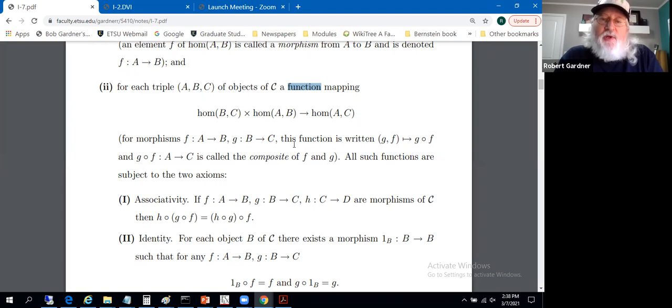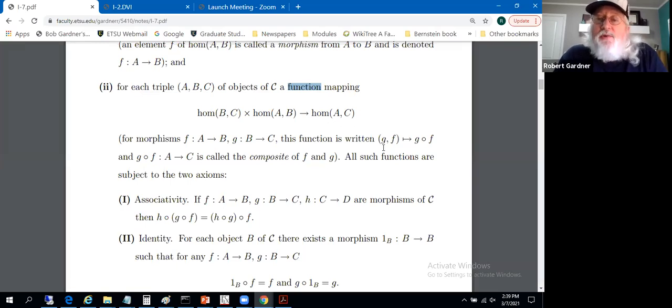Of course, it's because we're going to take g and compose it with f. So in the composition, f comes first and g comes second. And sure enough, the domains and codomains line up then. But we're requiring that we have a function that takes ordered pairs as given here and produces another thing as given here.